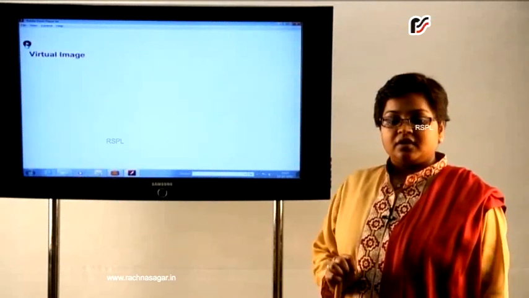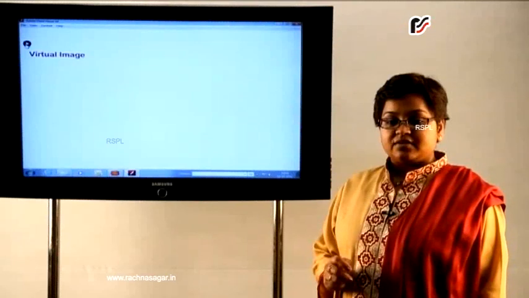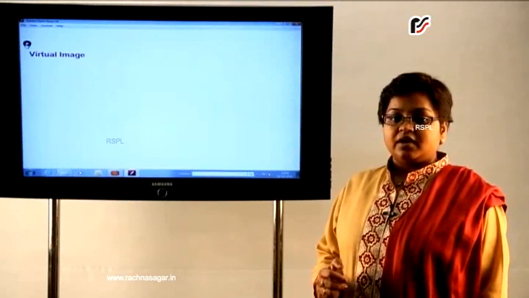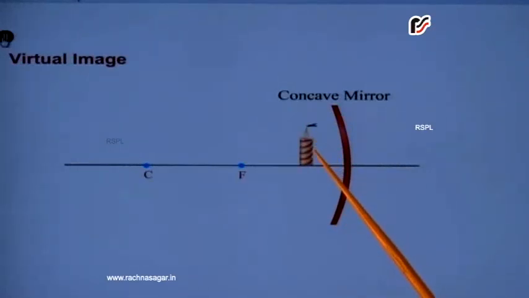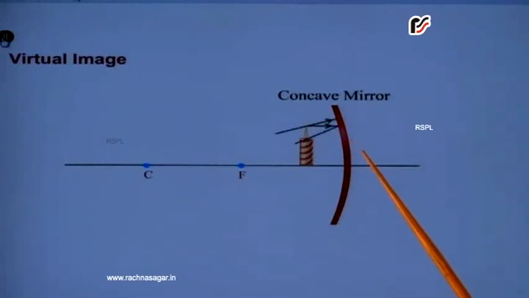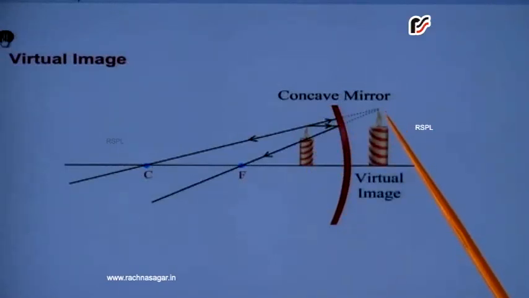Virtual image. When two reflected rays appear to meet at a point, a virtual image is formed. Here, a concave mirror, center of curvature, focus, principal axis, an object is placed, two rays coming out from object. After reflection, they appear to meet behind the mirror, a virtual image is formed.